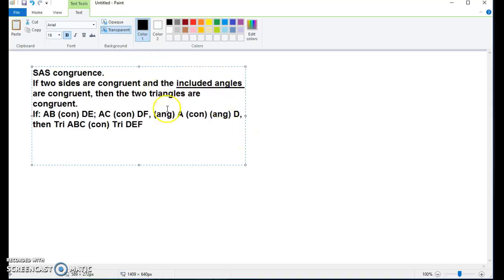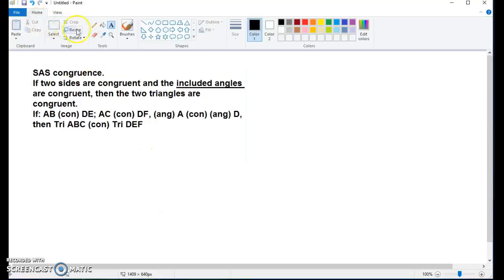I'm going to draw a picture of this. So these are our two triangles.